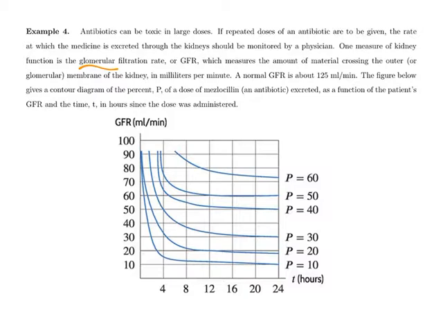Their GFR is not normal, which means that the amount of medicine that's excreted through the kidneys is not normal. So we're looking at that in GFR, and then we're going to think about when the antibiotic is given, what happens to the percent of that antibiotic in the system after a certain amount of hours. On the next page, we're going to answer some questions about that.